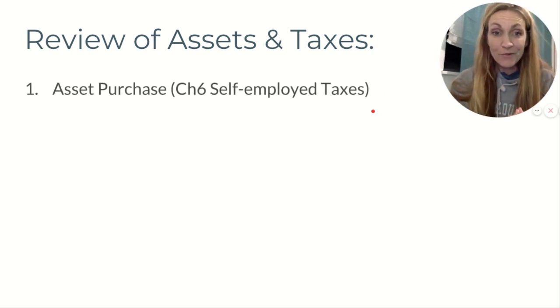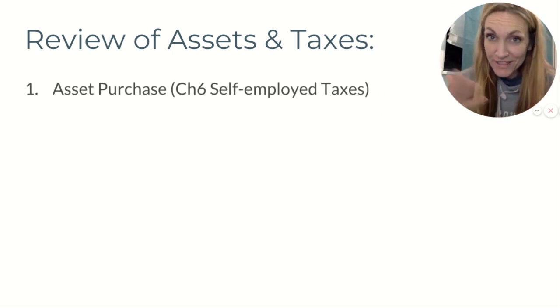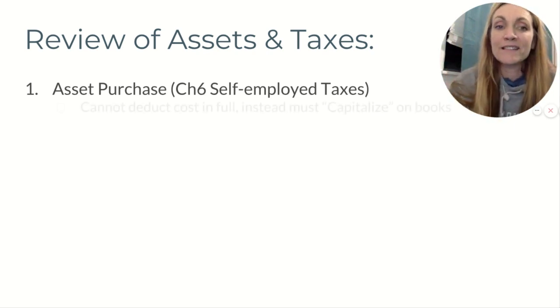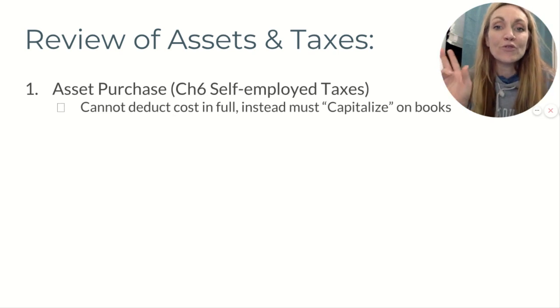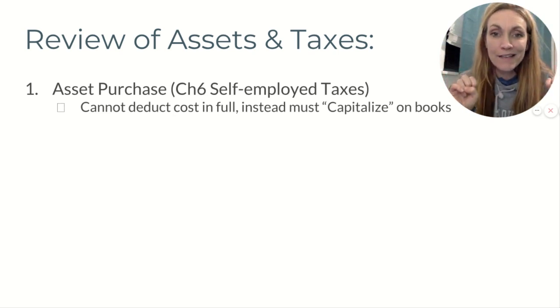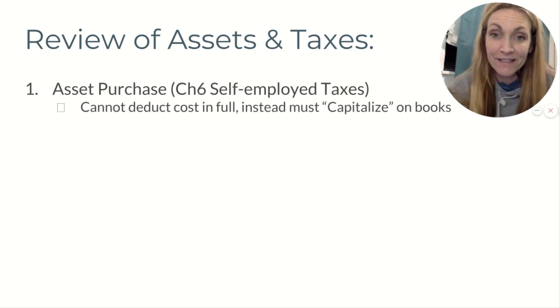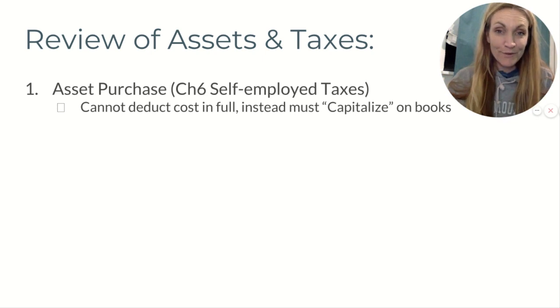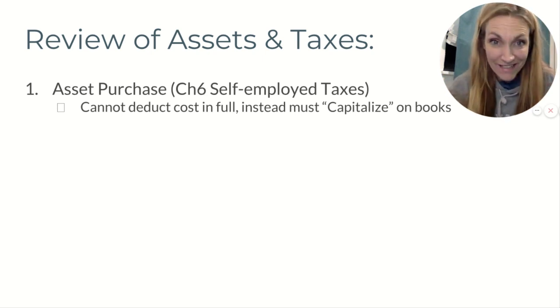So in chapter 6, we covered when you purchase an asset that you don't get to write it off as an expense. Instead, you have to capitalize the asset. You may recall this if you've taken accounting classes, that this means we're recording it as an asset on our books instead of as an expense.